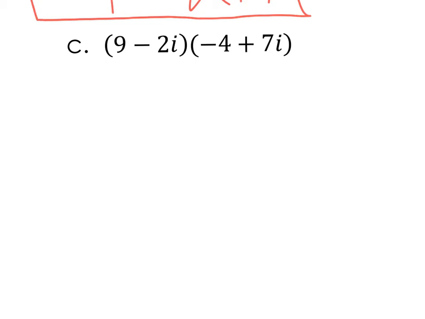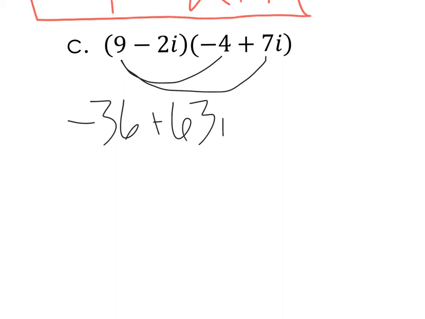With letter C, we have more to distribute. So this is called the FOIL method. First is multiply the first terms. 9 times -4 is -36. Then we're going to multiply the outer terms. 9 times 7i, that's 9 times 7 is 63, so 63i.